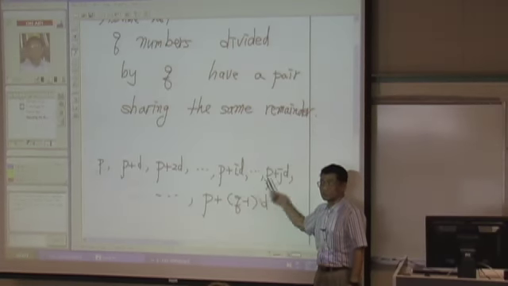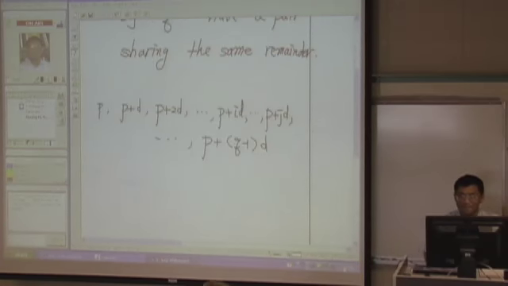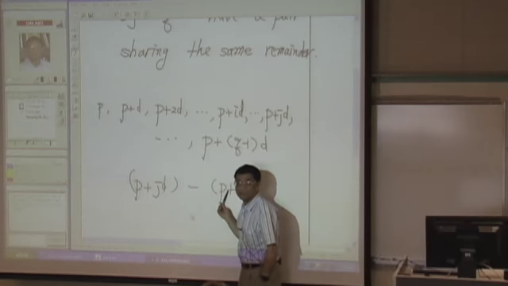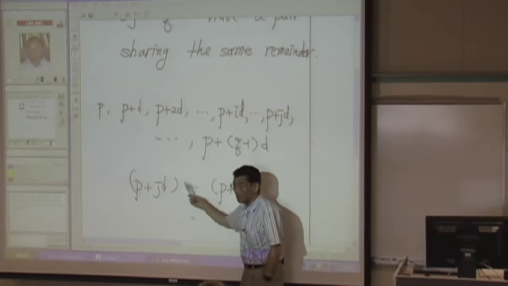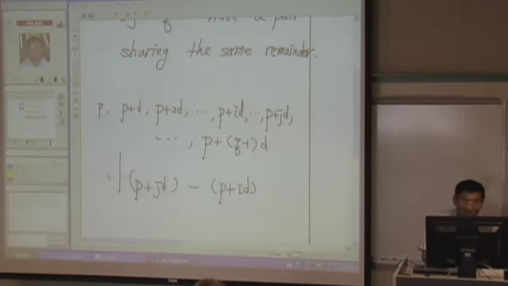Some numbers may share the same remainder. In other words, if p plus jd and p plus id share the same remainder, then the remainder is gone because of the subtraction. Do you follow me? Because they share the same remainder and the remainder is gone, then it will be divided by q.